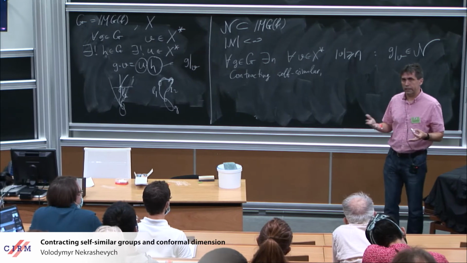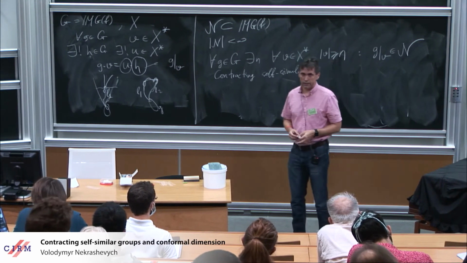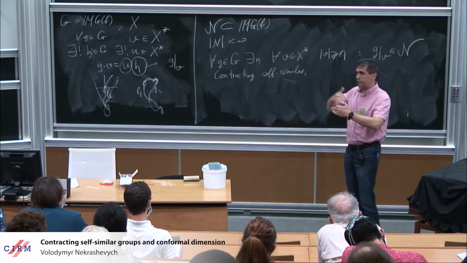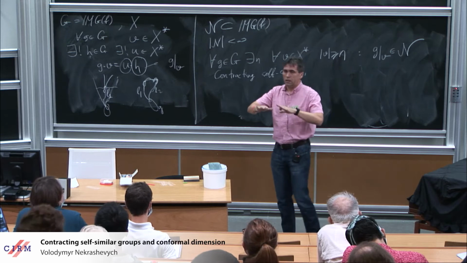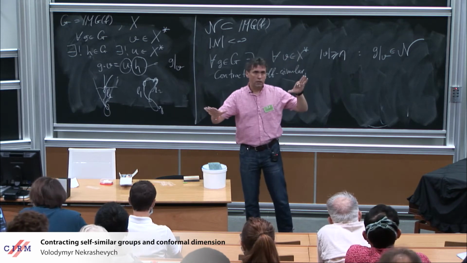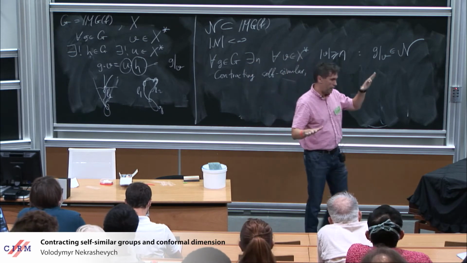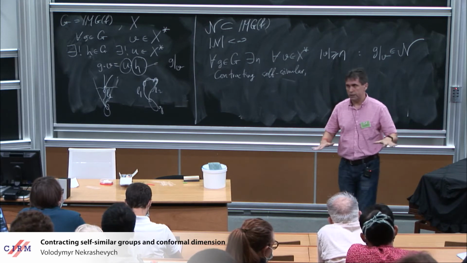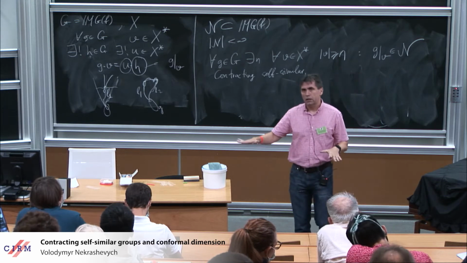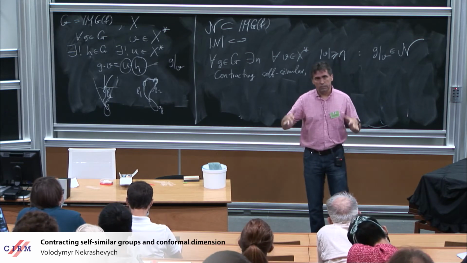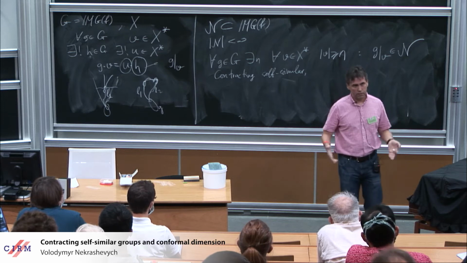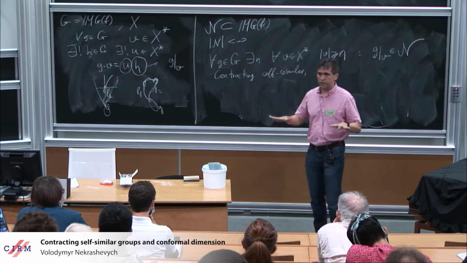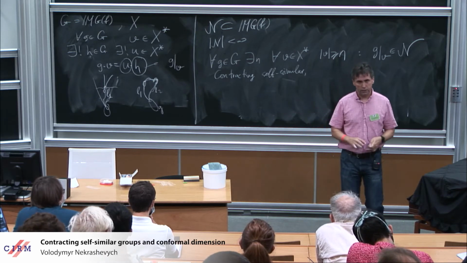That's a little bit technical. But modulo this technicality, you have a bijection between expanding covering maps, modulo topological conjugacy, and contracting self-similar groups modulo some type of algebraic equivalence, which is also a little bit non-trivial, but can be easily formulated.